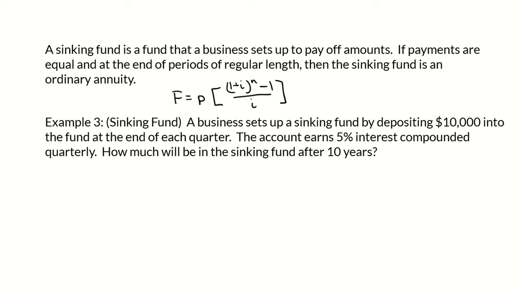So the payment amount is $10,000. And the rate is 5% as a decimal, 0.05. The compounding periods per year is 4 because this is quarterly compounded interest, which means that i, the interest rate per period, is 0.05 divided by 4.